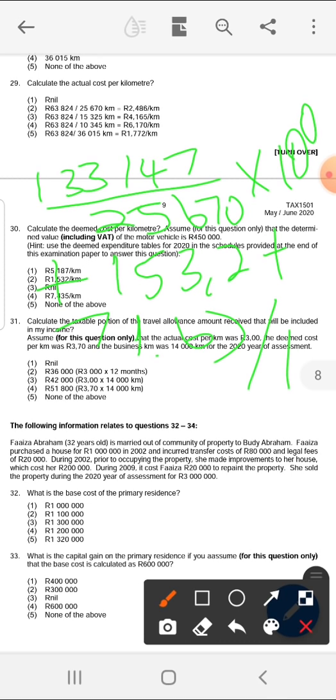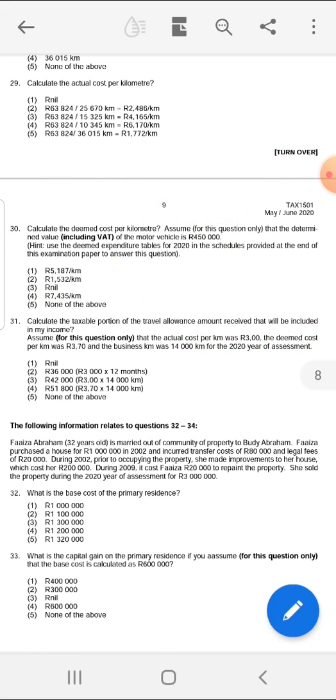Then the total I divide by 100. It will give us 7.4304. It will be option 4 for this question.